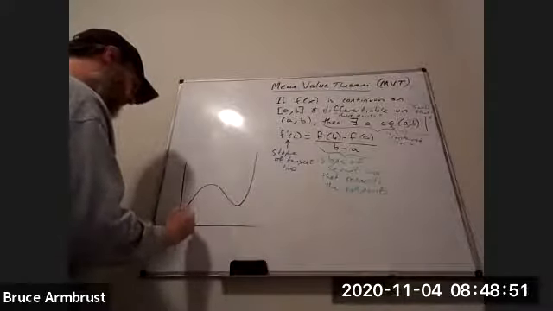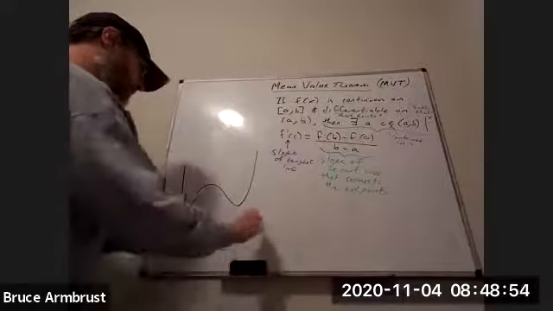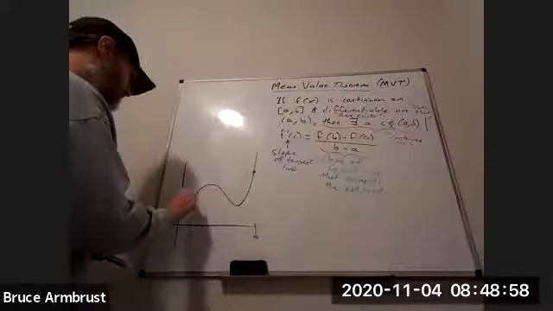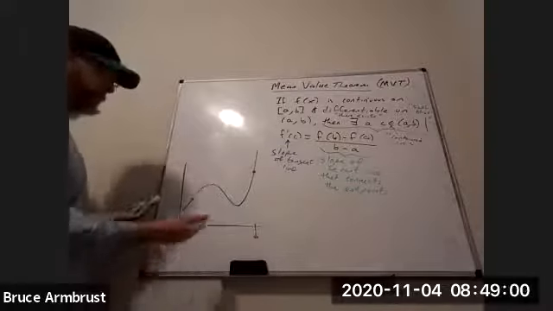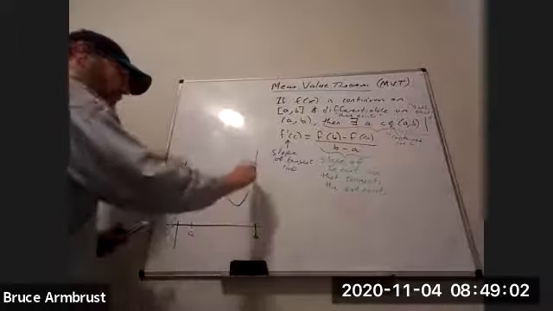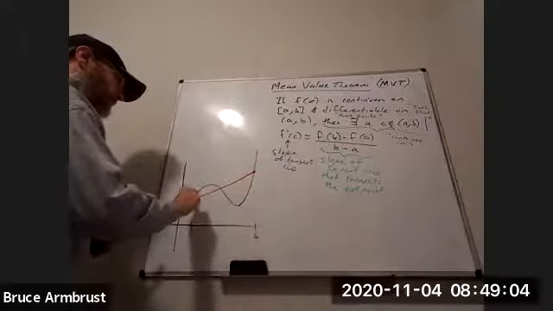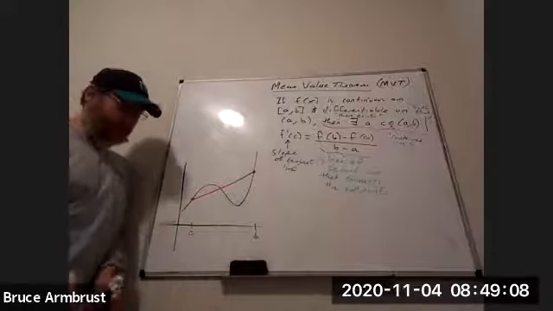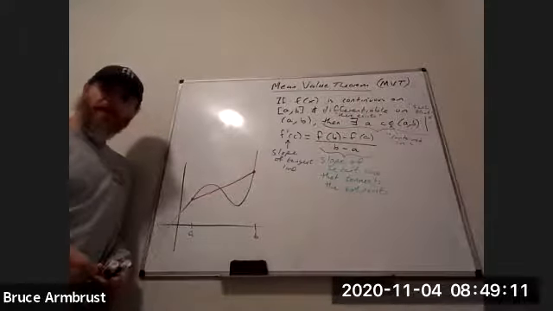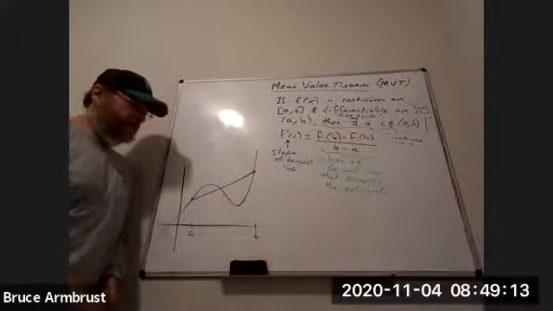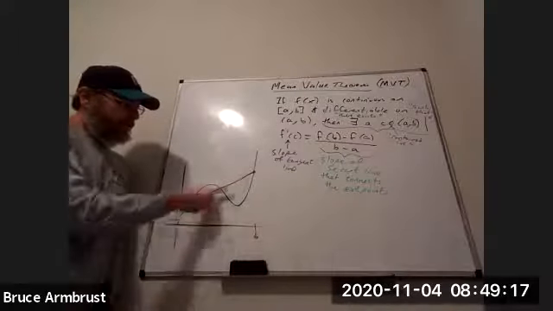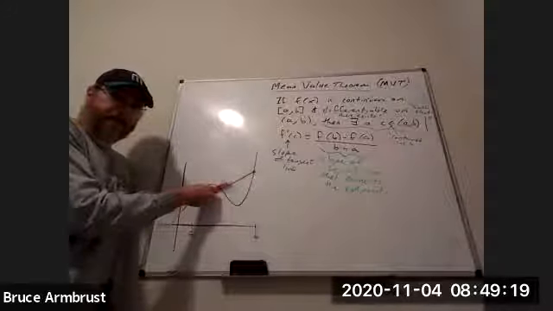Say this is A and this is B. So we've got our two points that are the endpoints of our interval. You connect them, right? There's our secant line. So this red line is a secant line. And what the mean value theorem tells us is that there's going to be somewhere in this interval where we're going to find a tangent line that has the same slope.